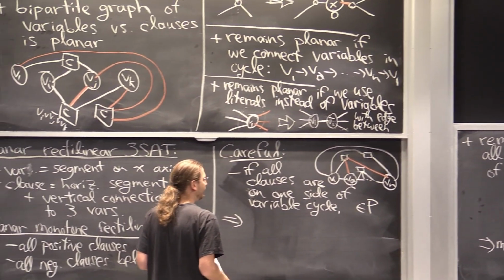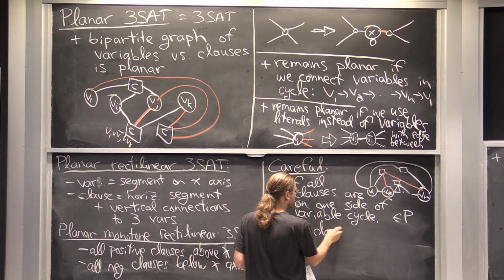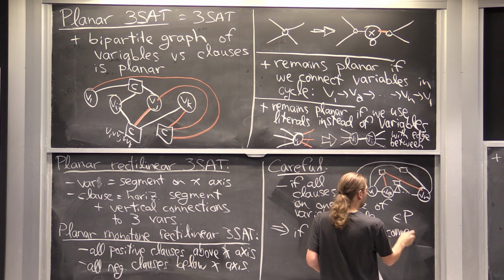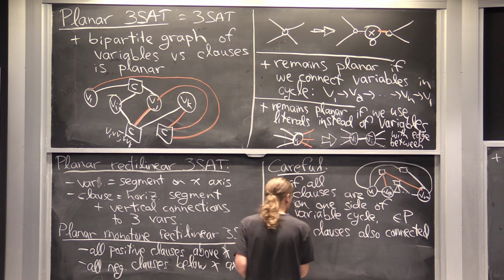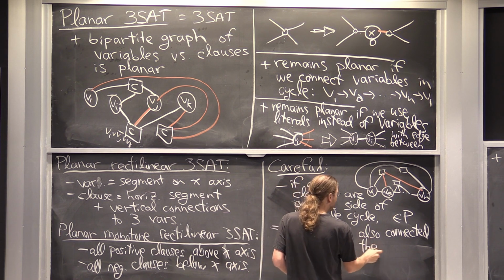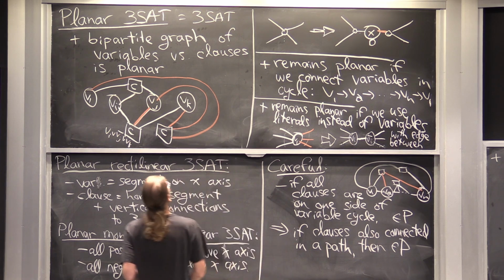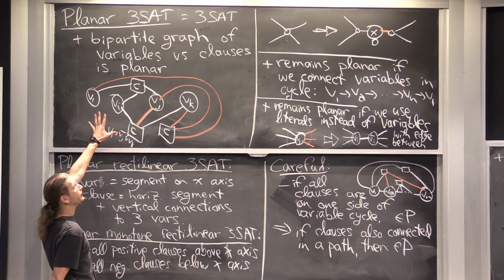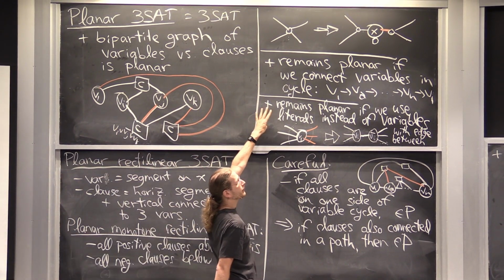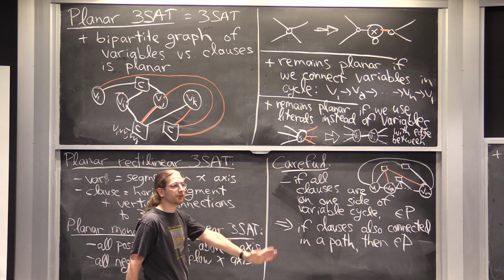But also, here's a special case of this. Suppose I phrase the following problem. I want the bipartite graph on variables versus clauses, plus the cycle v1 through vn back to v1, plus another cycle on the clauses c1 to cn and back to c1.